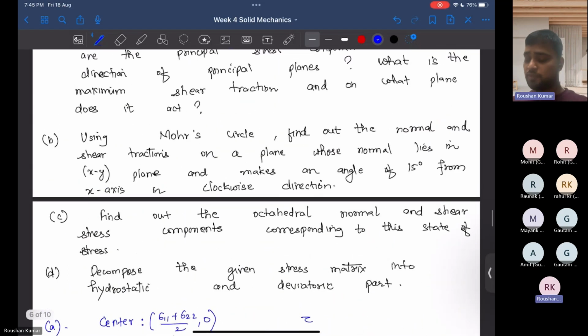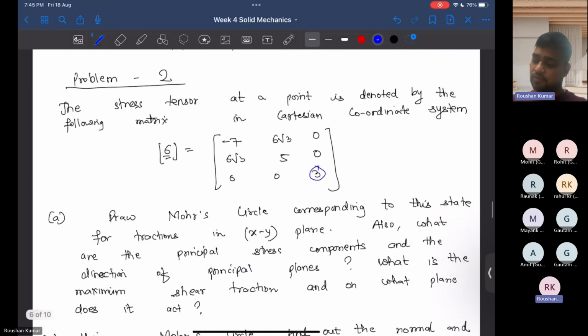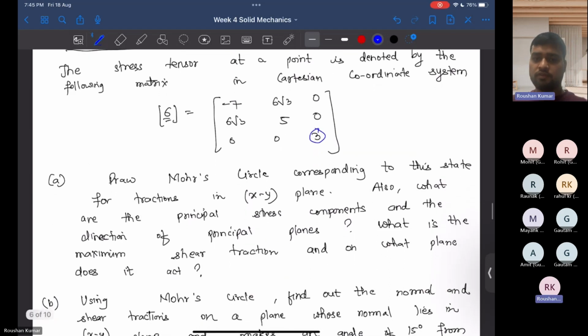The last part of this question was to decompose the given stress matrix into hydrostatic and deviatoric part, which I already solved. So all the parts of this question have been solved. If anyone has any doubt, please ask and unmute yourself.